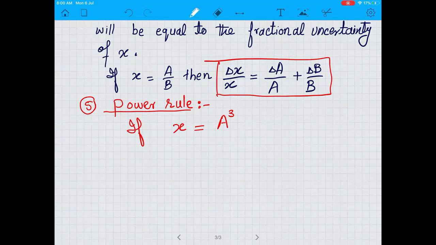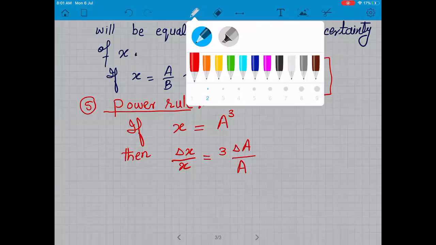Now, by principle, fractional uncertainty in X will be equal to 3 times fractional uncertainty of A.